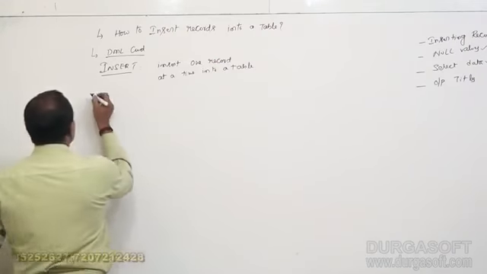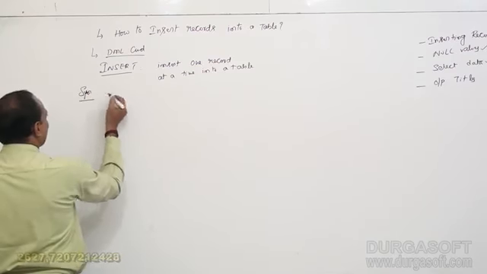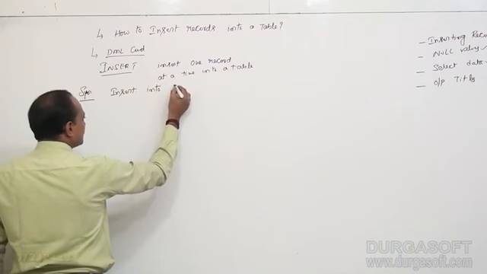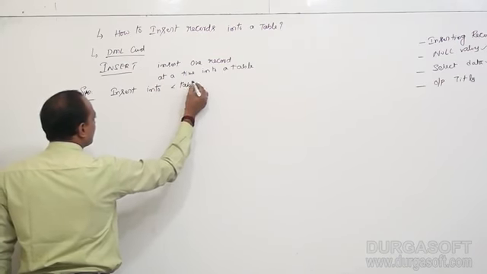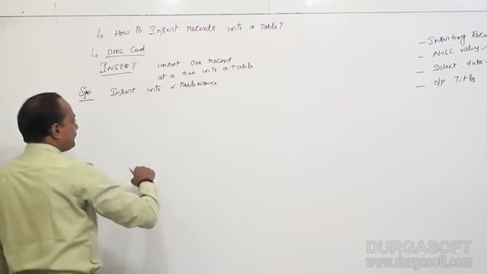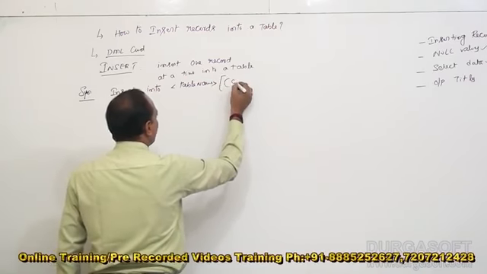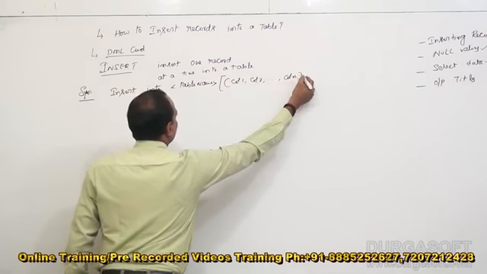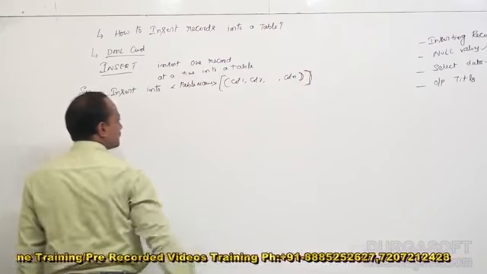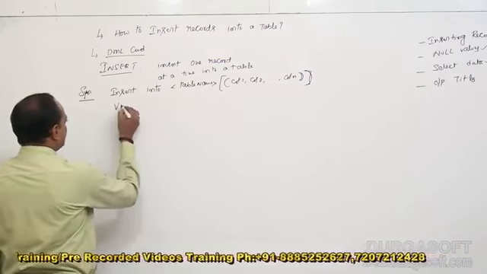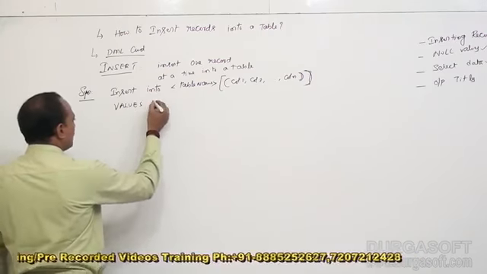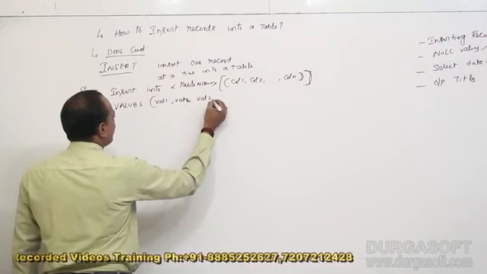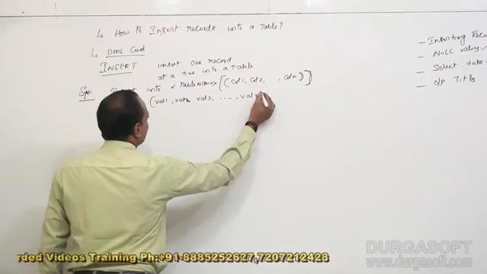Remember, what is the syntax of the insert command? See, insert into, specify table name, and optionally you can specify column names, column 1, column 2 and so on, column n. This is optional, you may specify or may not specify. Values, here value 1, value 2, value 3 and so on, value n.